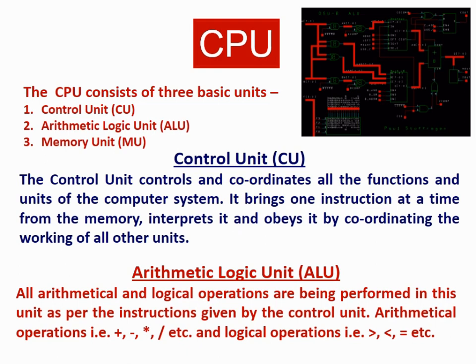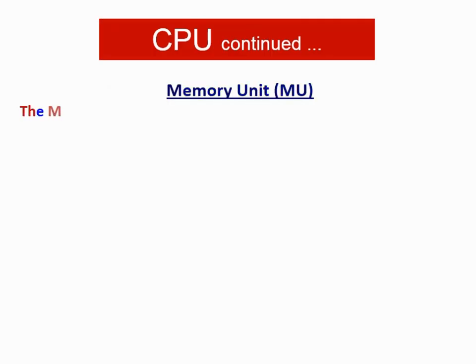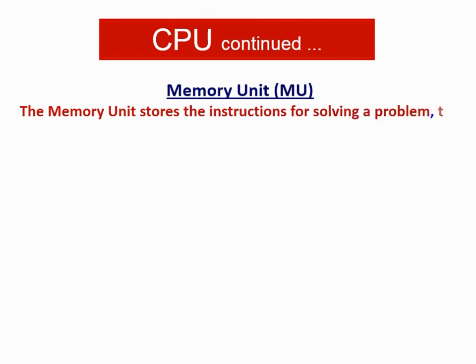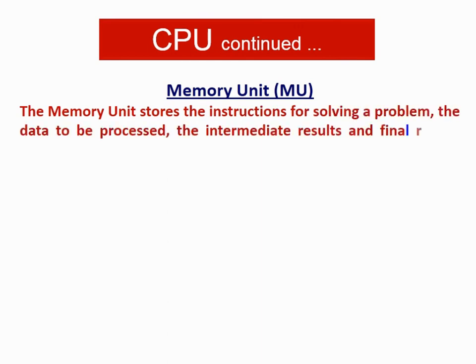What is it? Now in the memory unit, in short MU, this unit stores the instructions for solving a problem, the data to be processed, the intermediate results and final results until they are displayed. Now you need to understand a little what is the job.